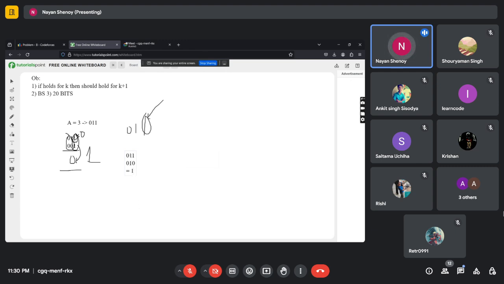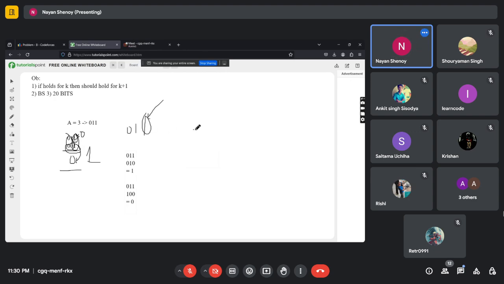So in my second position also I have a 1. And when I do 0, 1, 1 and then AND it with 1, 0, 0, I'm able to see that here it will give me a result of 0.